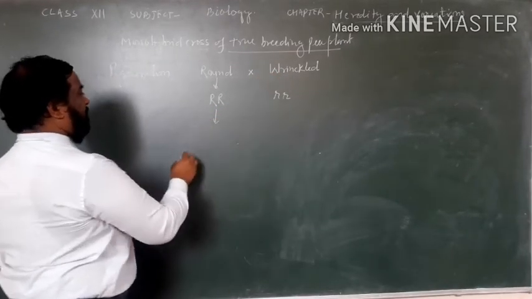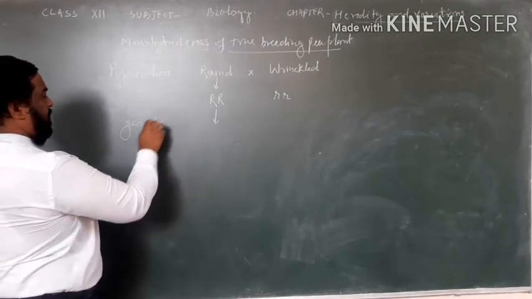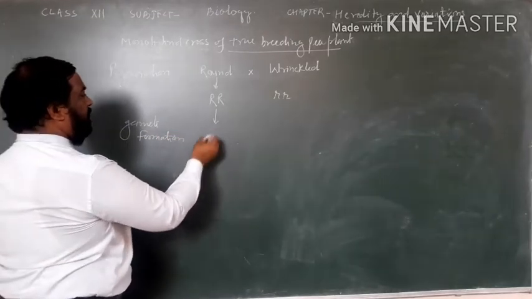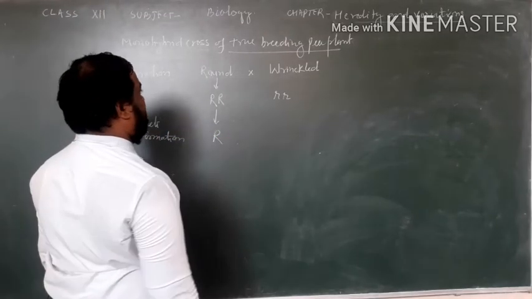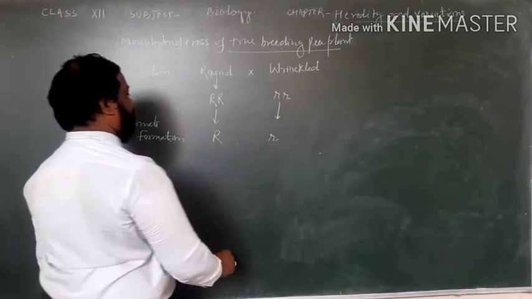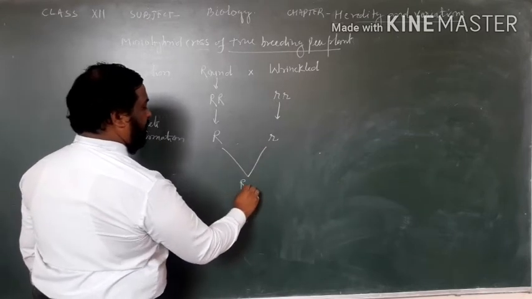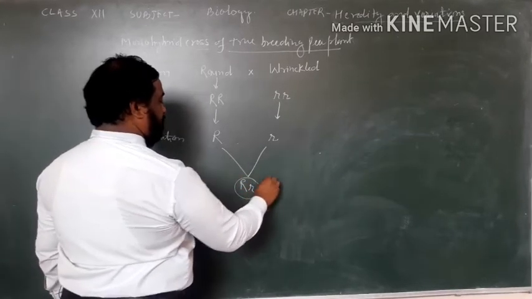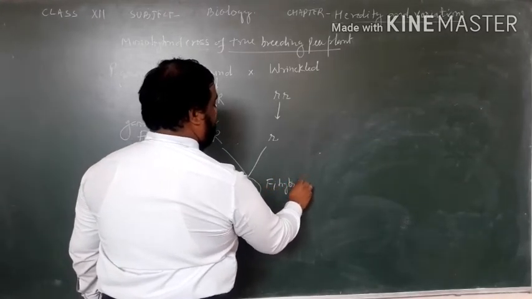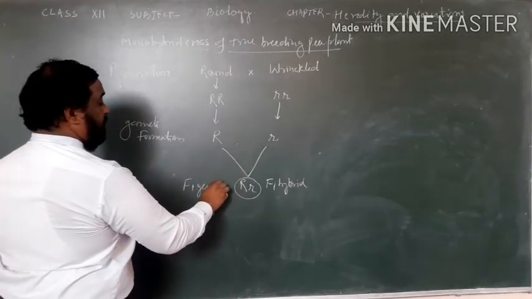So gamete formation: capital R from the round side and small r from the wrinkled side. Both are crossed together, they form capital R and small r. So this is the F1 hybrid, means this is the F1 generation.